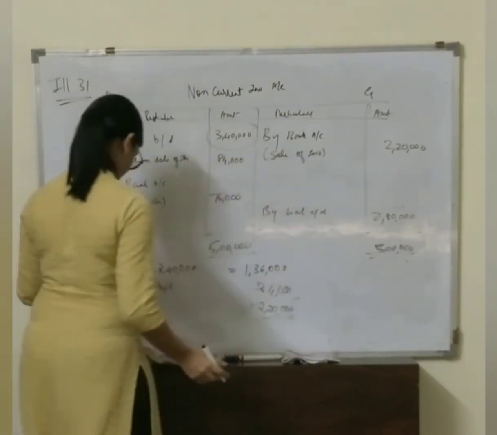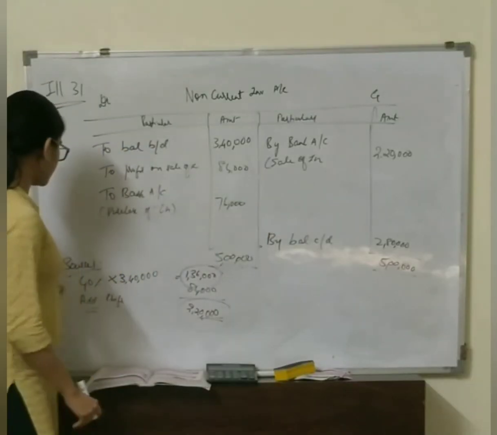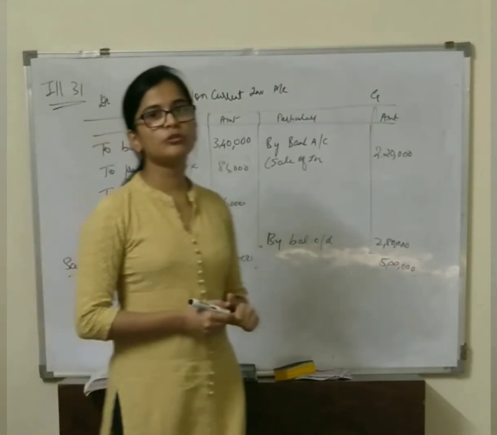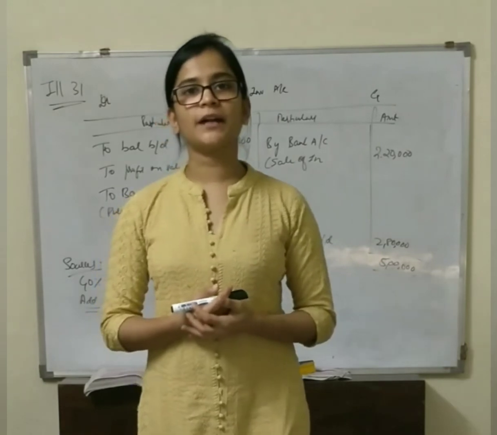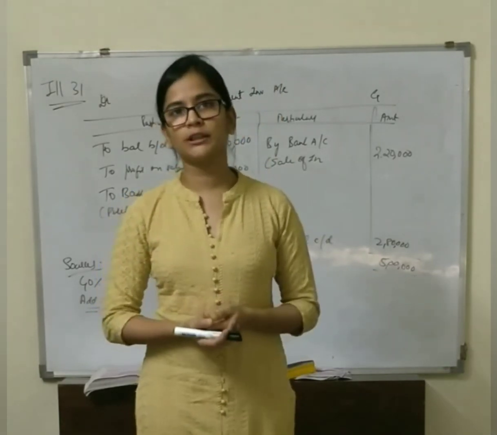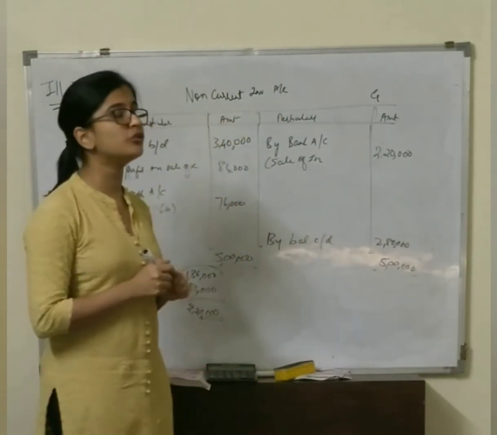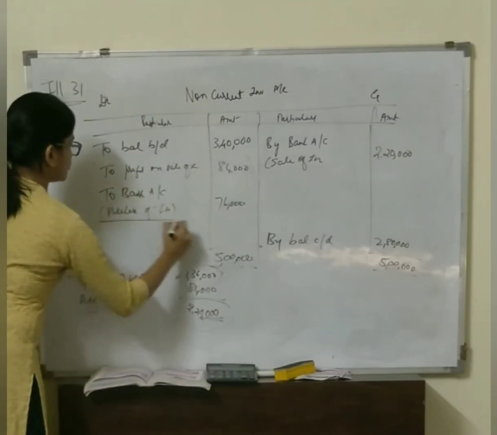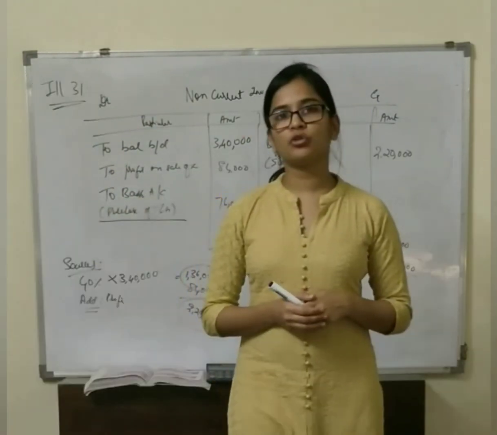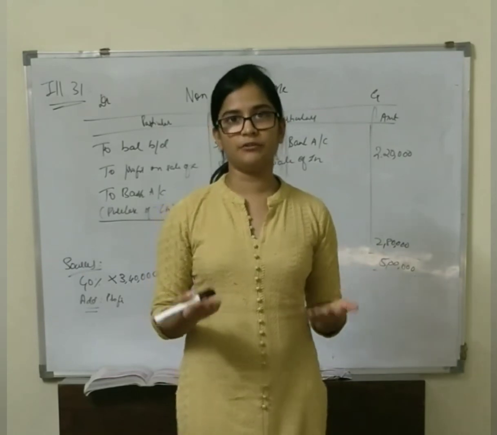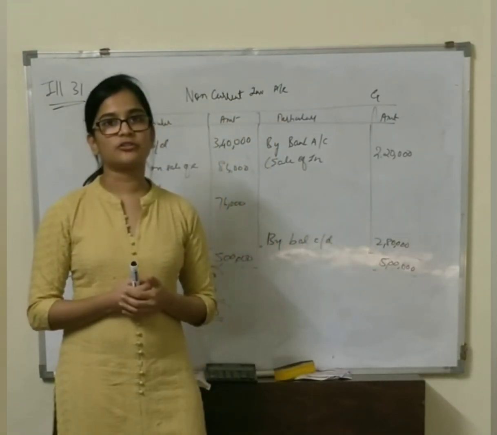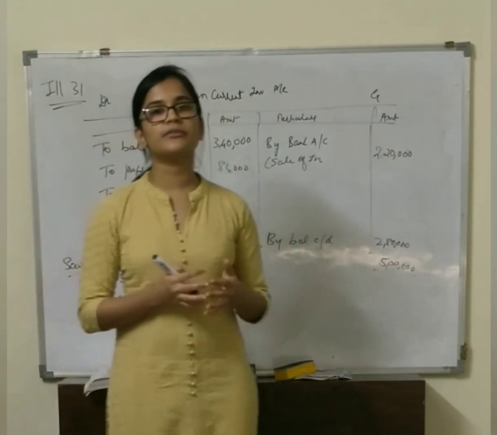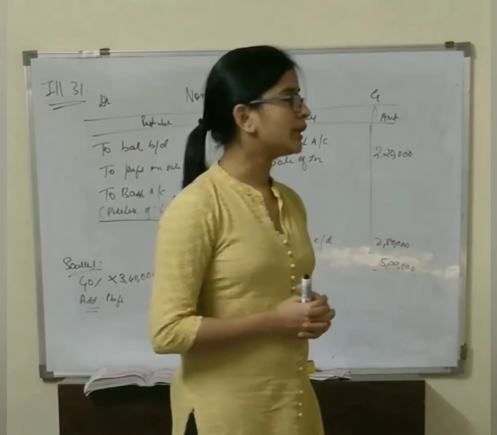So they have asked us to find out the sources and uses of cash. Use of cash is what? Whatever cash we had, we used it for purchasing the non-current investment. So that becomes your uses of cash. That is the purchase of investment. And what did we source? We sold the non-current investment and we got cash. So the source of getting cash was a sale of non-current investment.